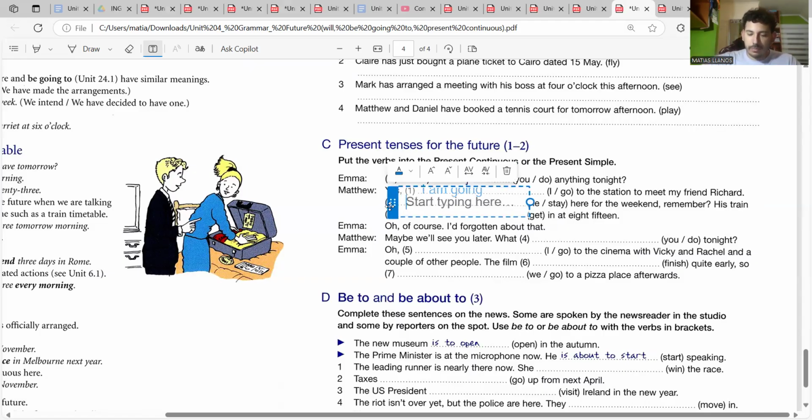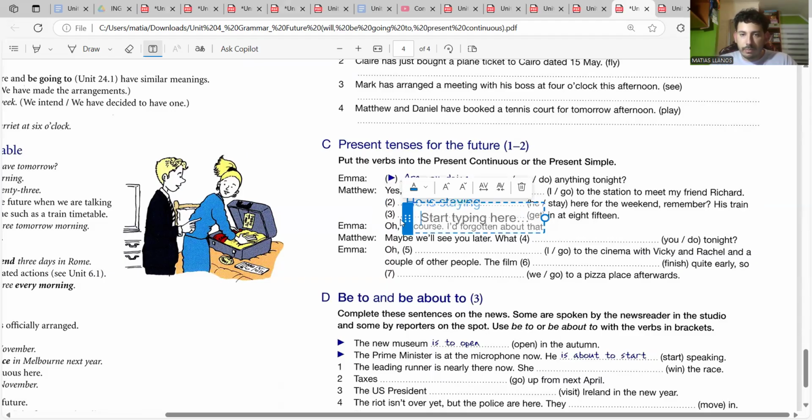He is staying, yes, for the weekend. Remember, his train gets here at 8:15. See the difference?